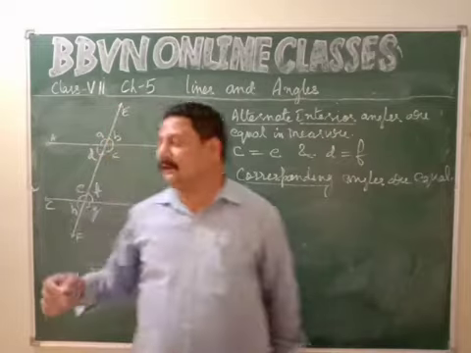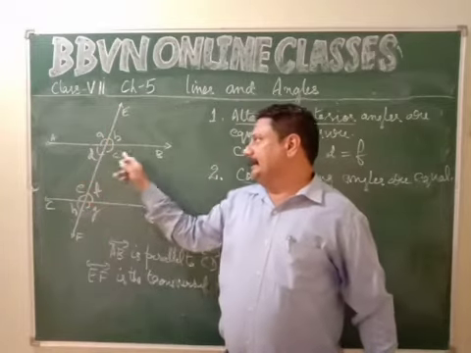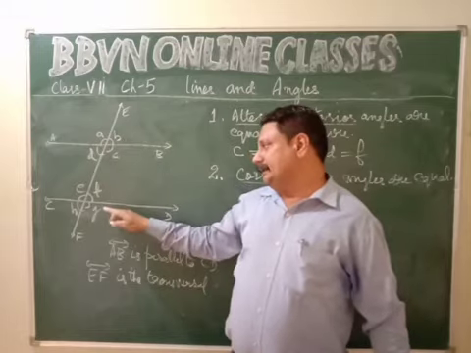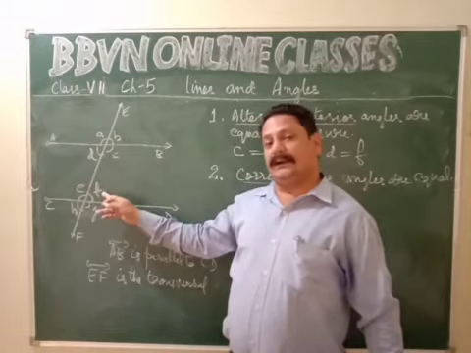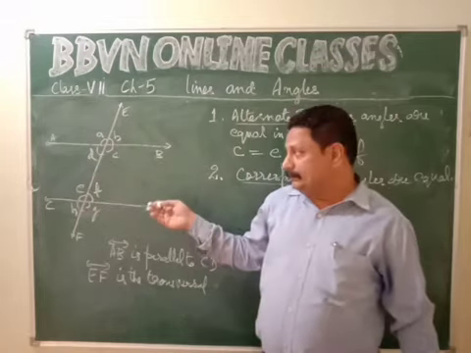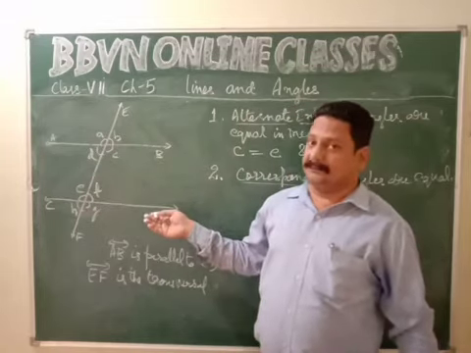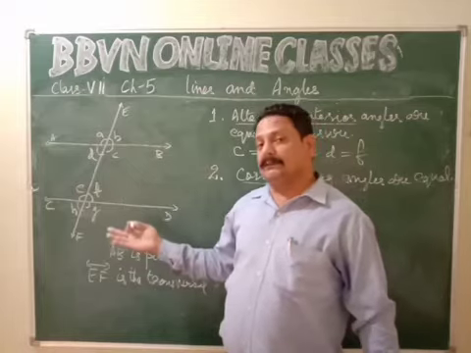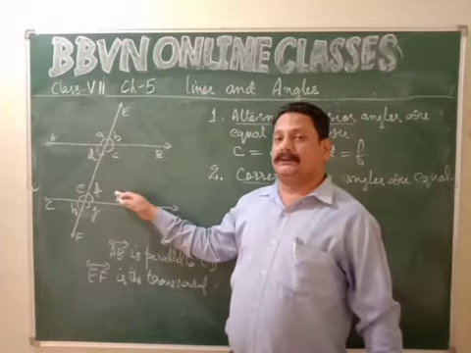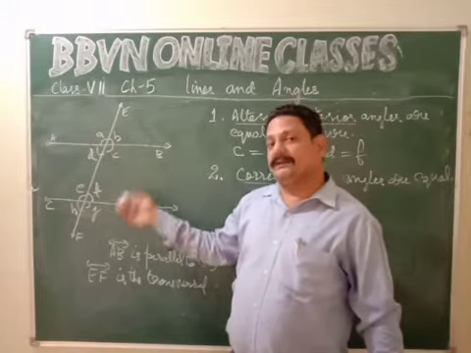So if you see this diagram, this is a line, above the line you have angle B, in the same way this is a line, above this line you have angle F. They resemble, they look the same, okay? They are corresponding angles. Their response to the system is same.